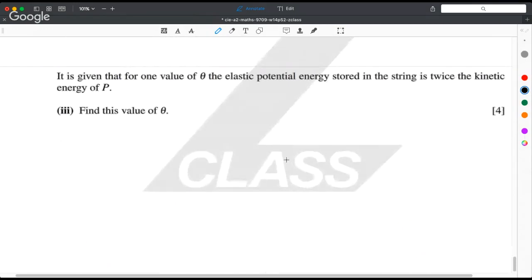Now they're asking us to look at the potential energy. The potential energy stored in the elastic, as the formula booklet says, is 1/2 lambda x squared over L. And this is equal to twice the kinetic energy.